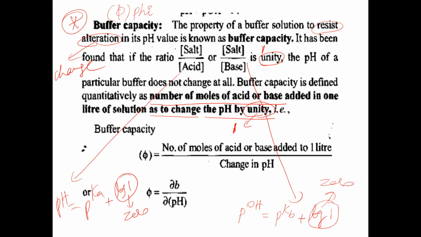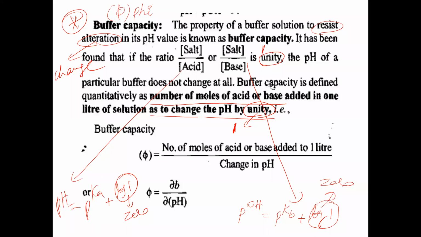If you want to change the pH of the buffer by 1 unit, or increase the pH of the buffer from 2 to 3, from 3 to 4, from 4 to 5 like this. If you change the buffer's pH from 4 to 5, how many units of change occurred here? 1 unit. That means to change the pH by 1, how many moles of acid or base are to be added is called what?